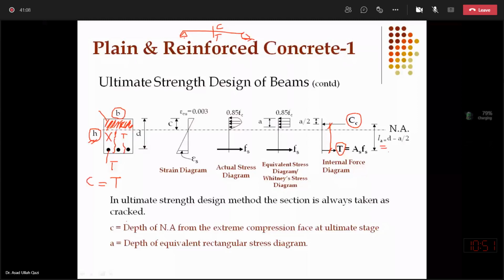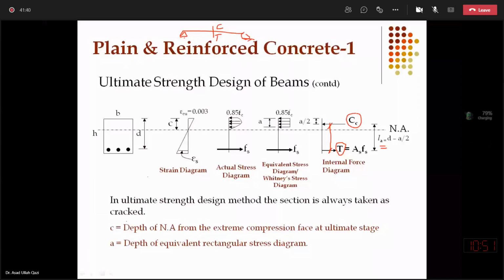So in this picture, now we want to discuss the calculation of internal resistance, and I will start from the strain diagram. Keep in mind all the assumptions which we discussed on the previous slide.